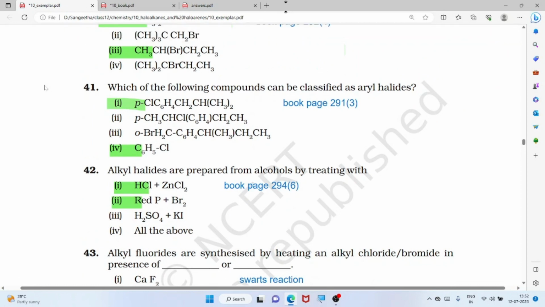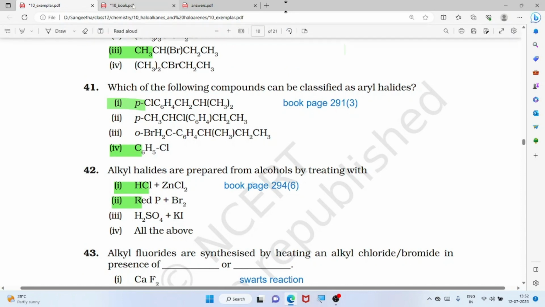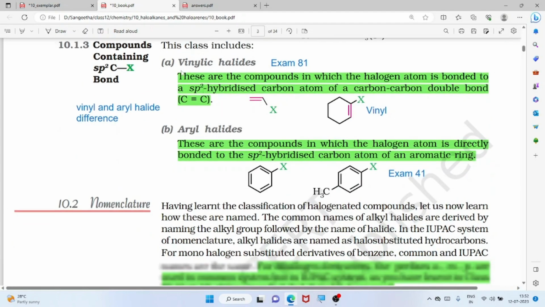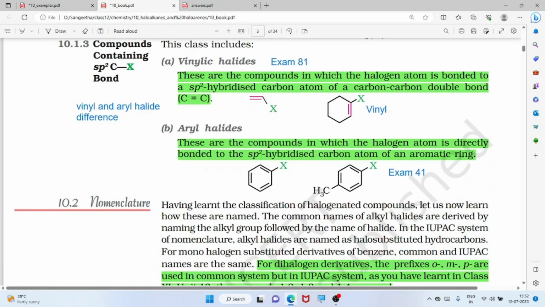Which of the following compounds can be classified as aryl halides? Aryl halides are directly connected to the benzene ring. These are the compounds directly connected to the sp2 hybridized carbon atom of the aromatic ring.